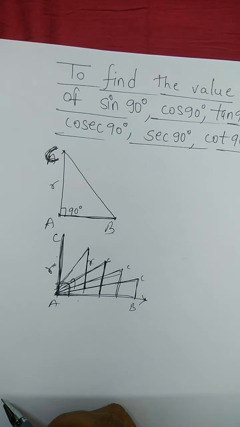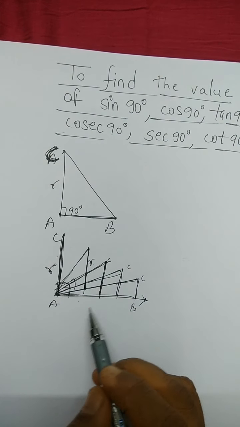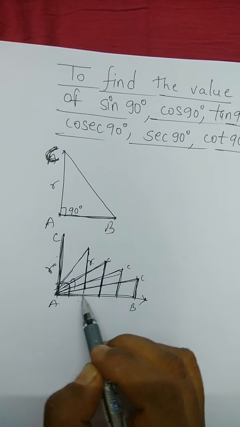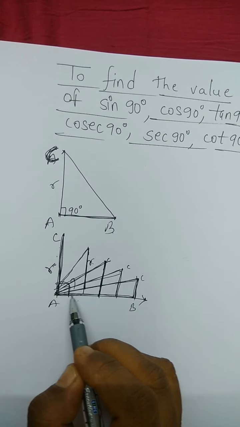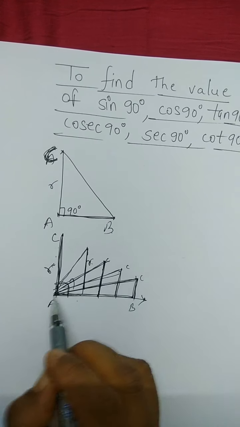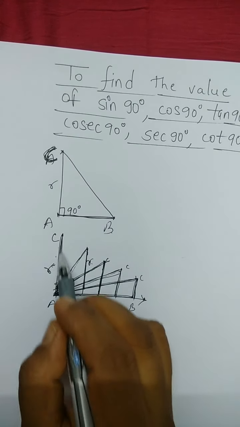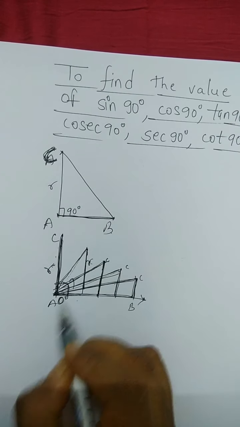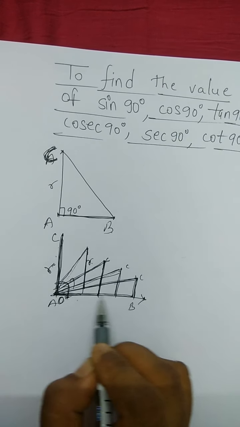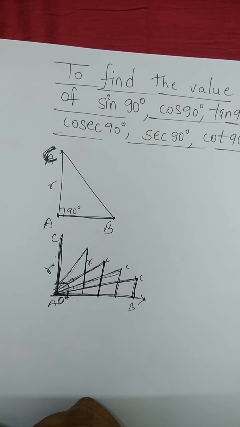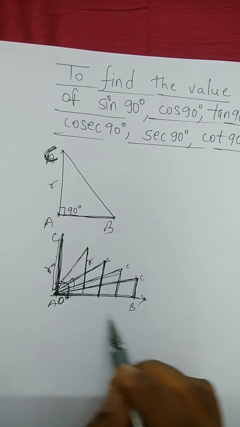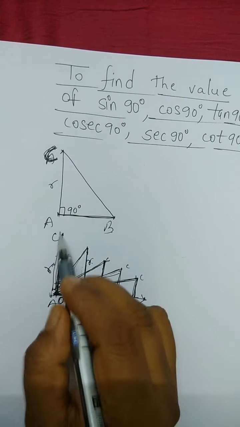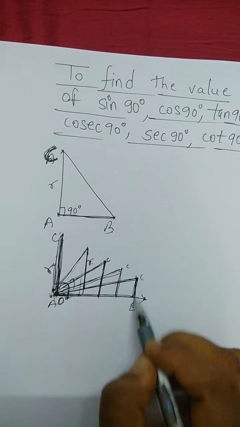Okay, so what is the value of AB then? This opposite side is shifting here, then here. So AB is decreasing and decreasing. When this hypotenuse will reach to this, then this AB will become 0. And this is AC and this is CB.